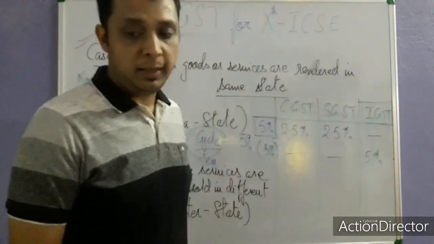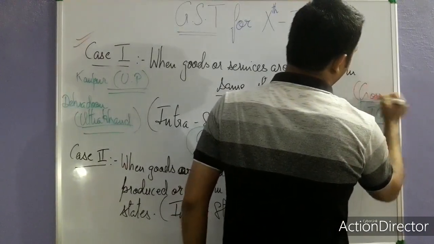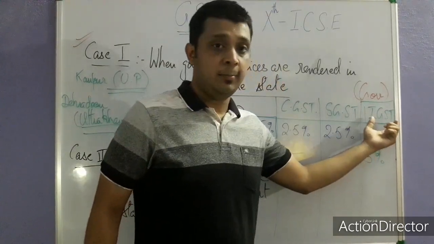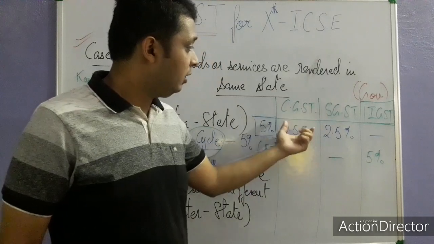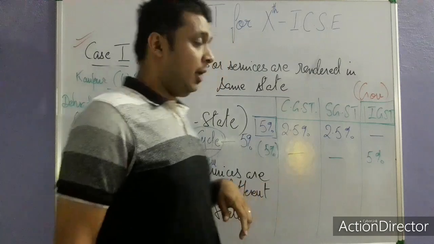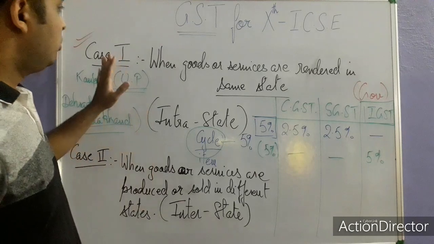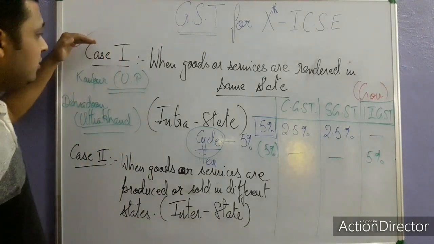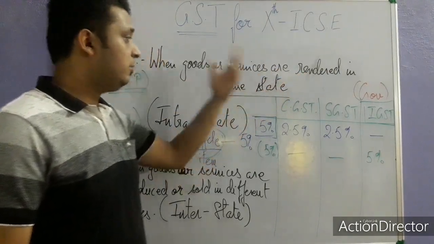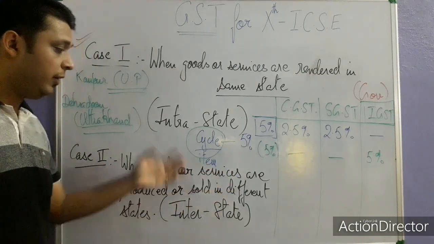So this is governed by our government, and then this department decides how much should be given to the central government and how much should be given to the state government. Clear? Now, I hope these things are clear to you. So we have discussed two cases. The first case is when goods and services are rendered in the same state, and the second case is when goods and services are produced and sold in different states.